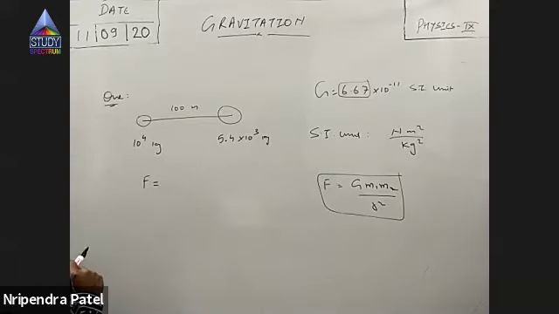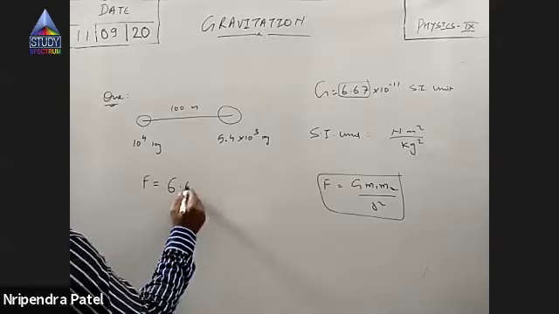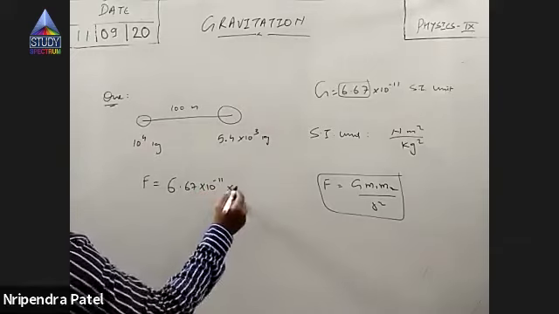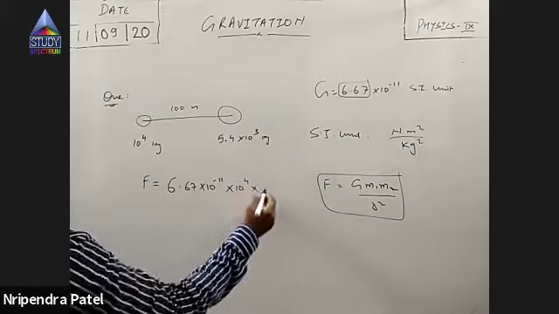You just have to substitute the values. 36,000? No, it cannot be so large. It should be a small value. 6.67 into 10 raised to minus 11 into m1. The mass of the first is 10 raised to 4, the second is 5.4 into 10 raised to 6. 100 square is 10 raised to 4.